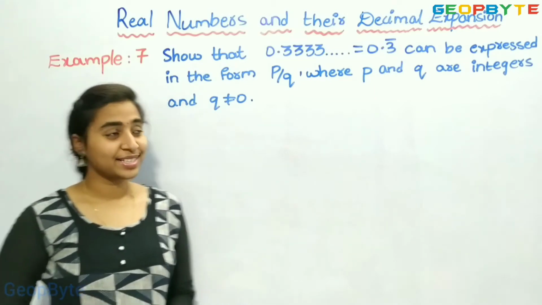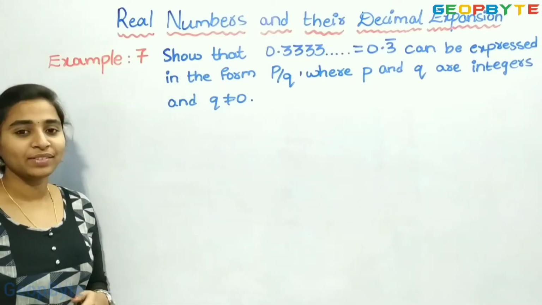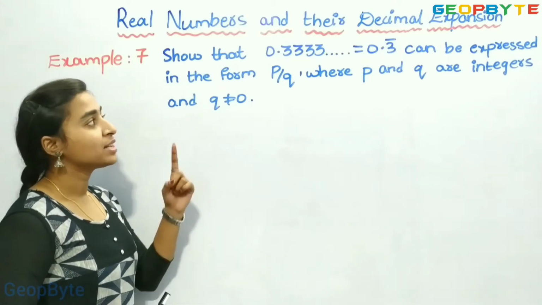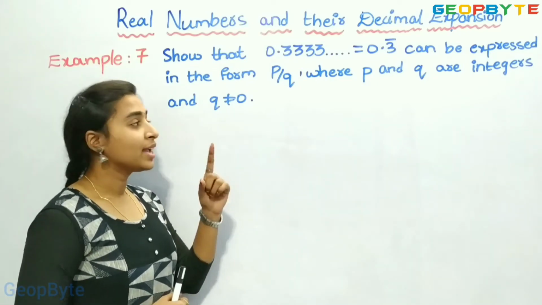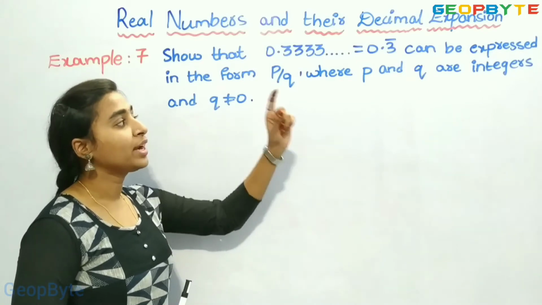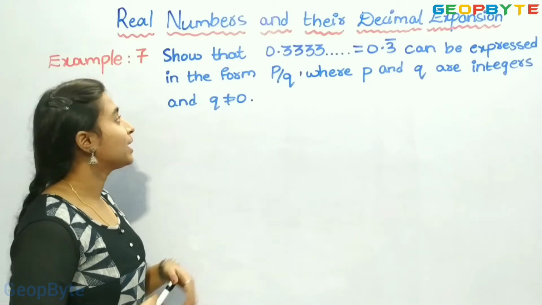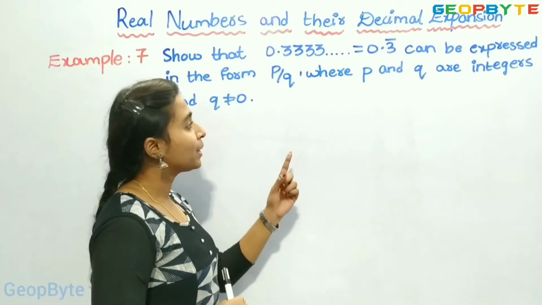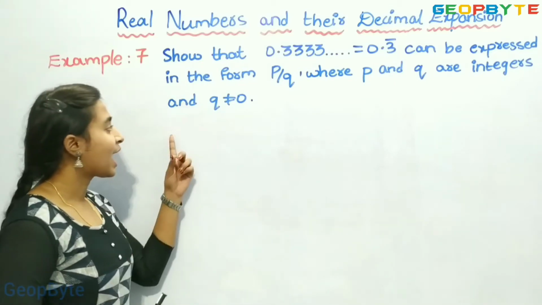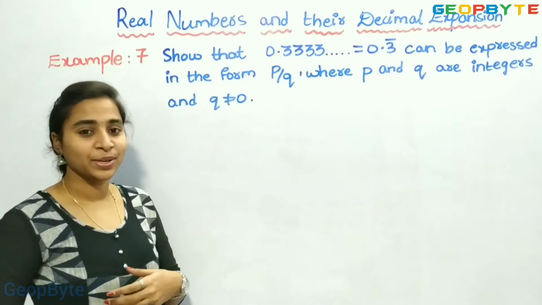Now, let us see example number 7. Show that 0.3333 and so on is equal to 0.3 bar can be expressed in the form P by Q, where P and Q are integers and Q not equal to 0.